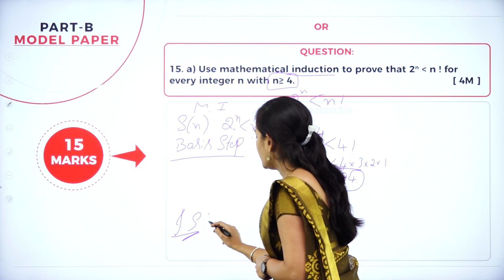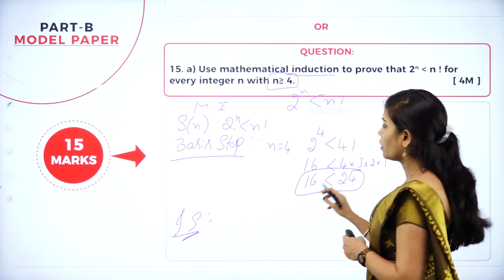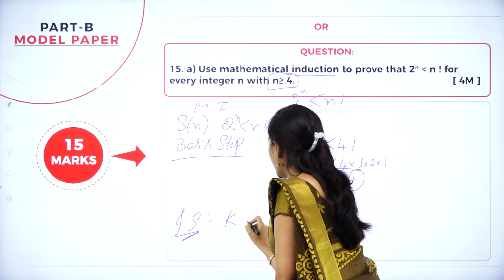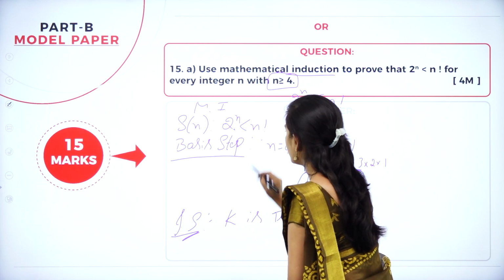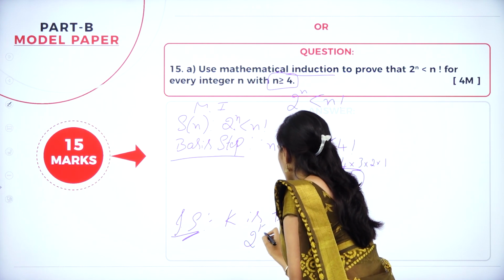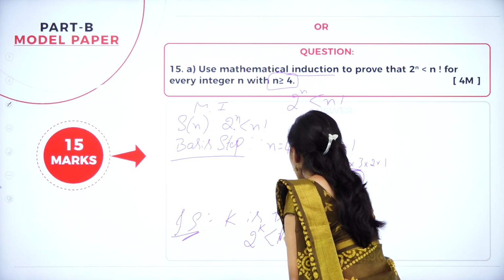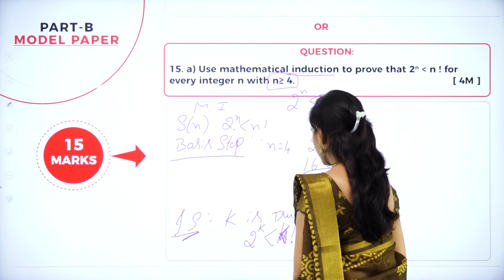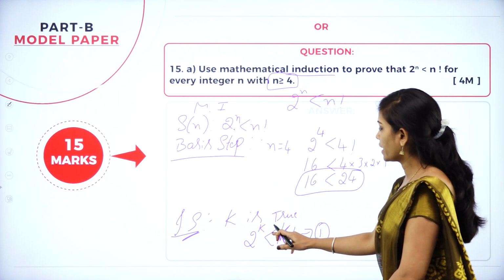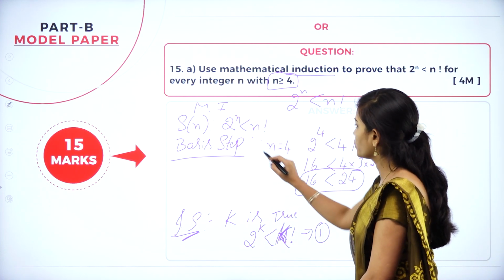And in induction step, you have to prove that k is true. Clear? So now in place of n, I'll put k: 2 power k less than k factorial.